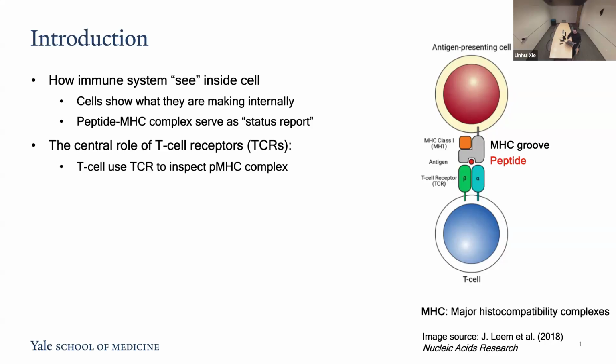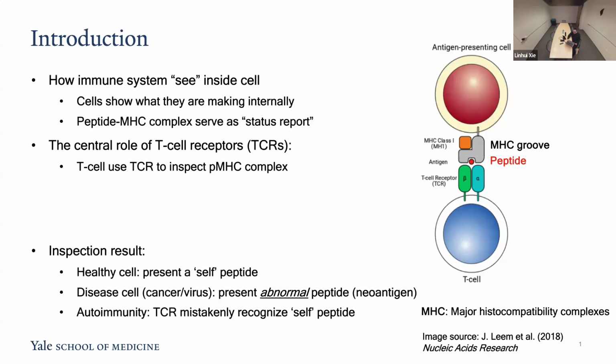Our immune system has a patrol guide, the T cells, which constantly scan this barcode. They use a special scanner, the T-cell receptor, which forms a Y shape, and you will see this shape several times in this presentation. Using these T-cell receptors, they can check the status report of the cells.